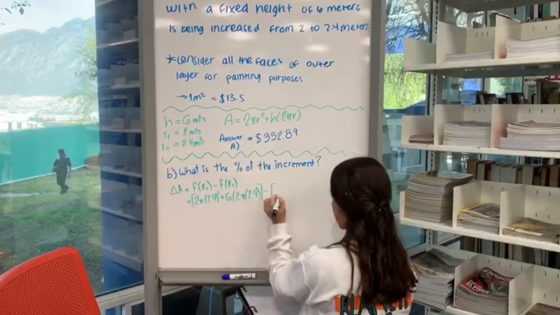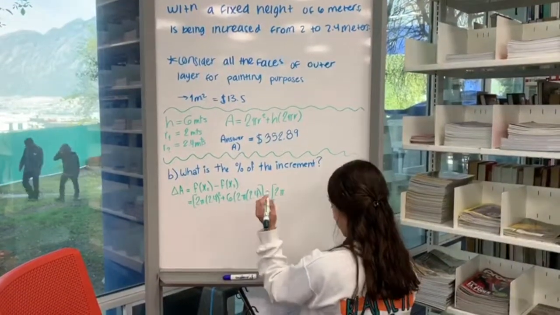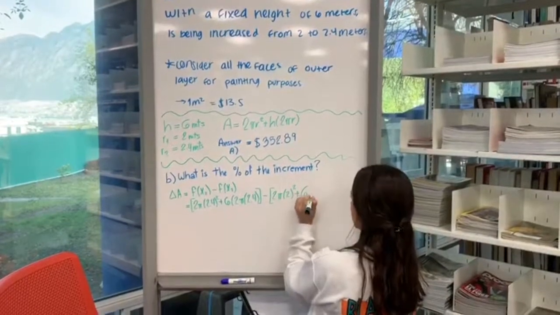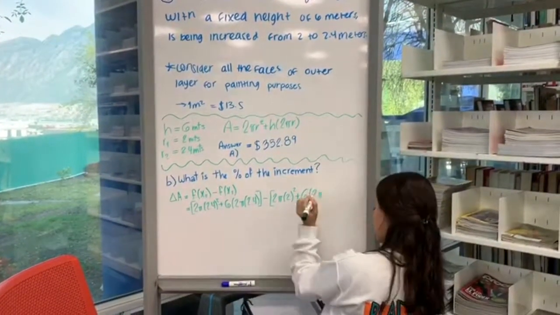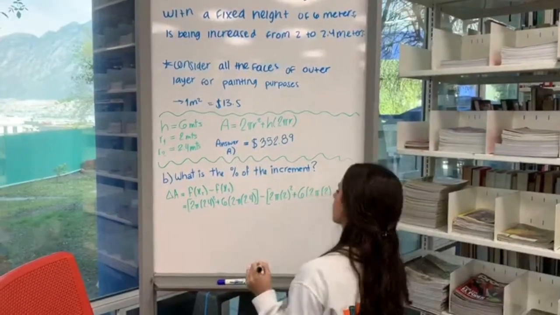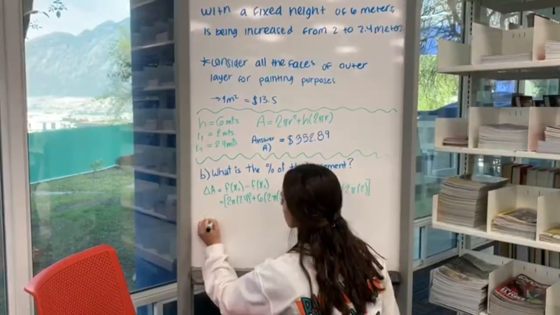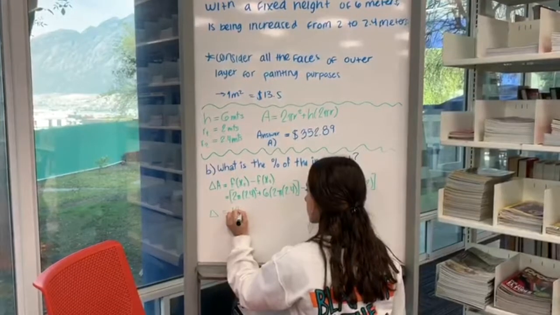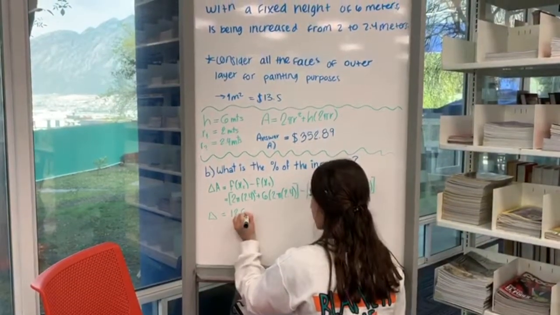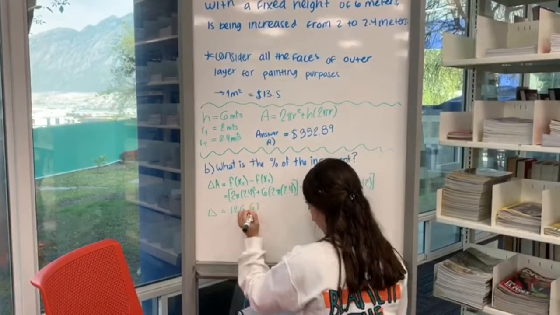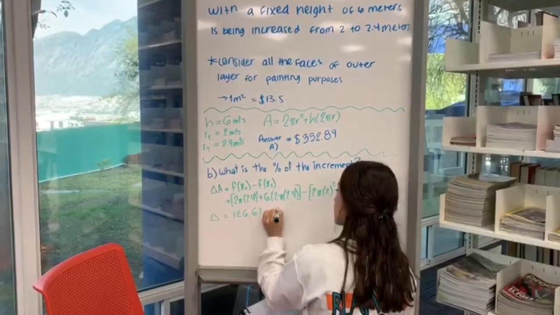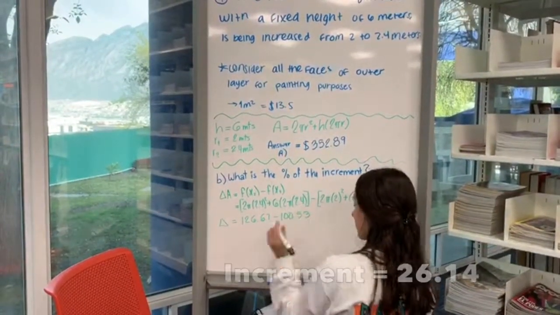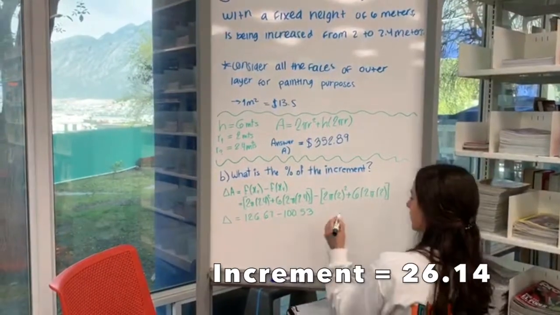The equation will be 2 pi, parentheses 2 squared plus 6, which is the height, parentheses 2 pi, parentheses 2. You punch your two equations into the calculator, and the answer for the equation of R2 will be 126.67 minus the second answer, which will be 100.53. Your increment will be 26.14.